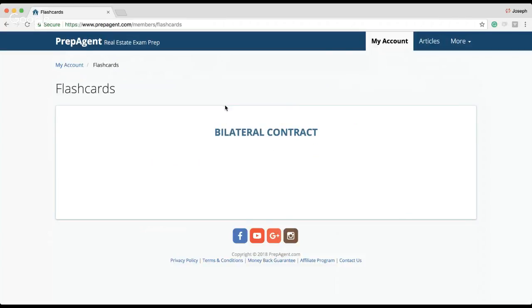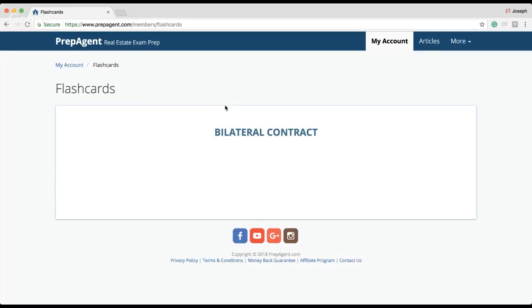Bilateral contract. So the previous one was hard. This one should be a little easier. So what's a bilateral contract? Everybody should know this one. Promise for promise. Good. Promise for promise. It's not two parties, so be careful with that.